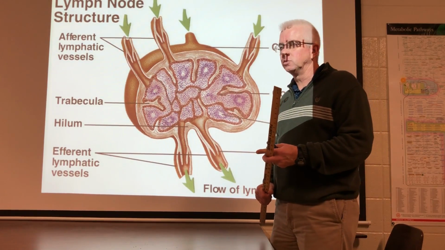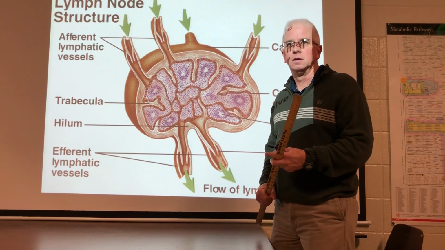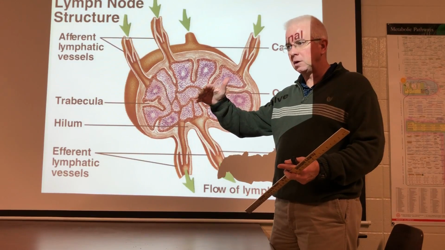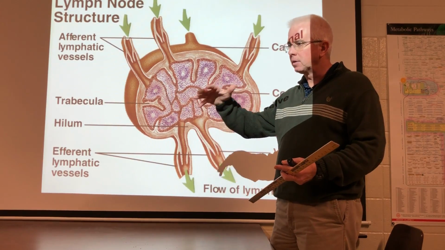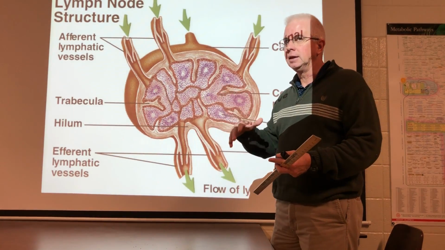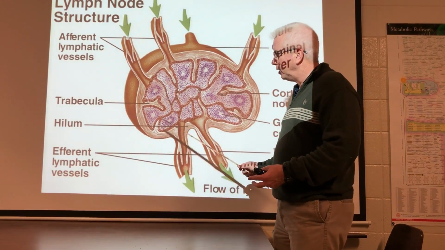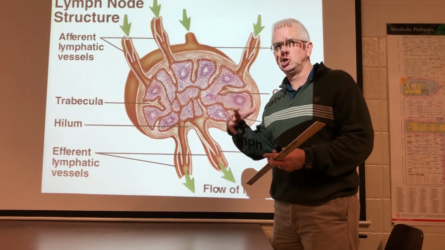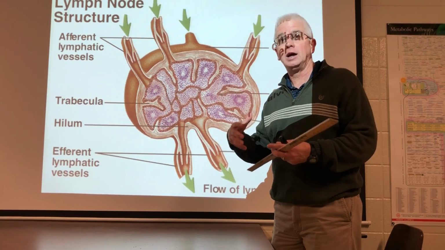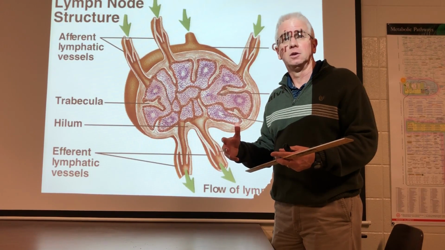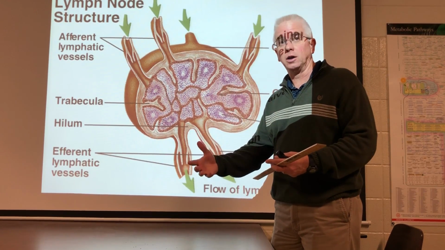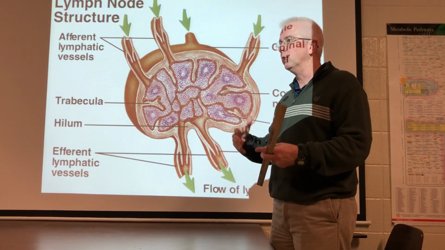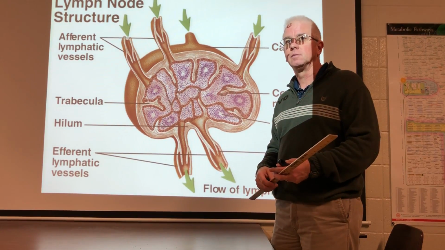So Dr. Boyce will take you guys further with this. But as you work your way through the small intestine, from the duodenum to the jejunum to the ileum, the numbers of these germinal centers that show up in the walls of the intestine gradually increases. So the further you get along in the wall of the small intestine, the more of these things you will see.